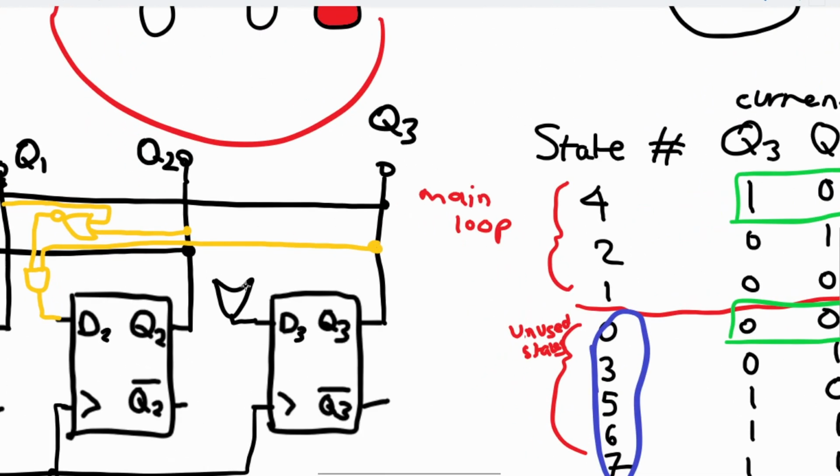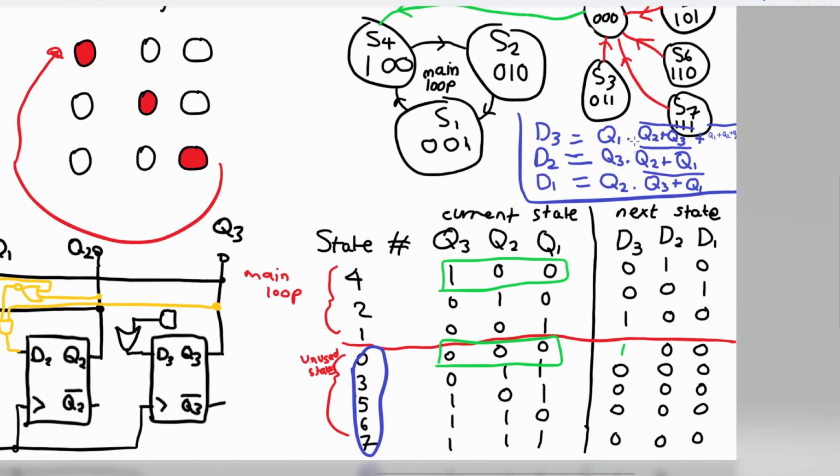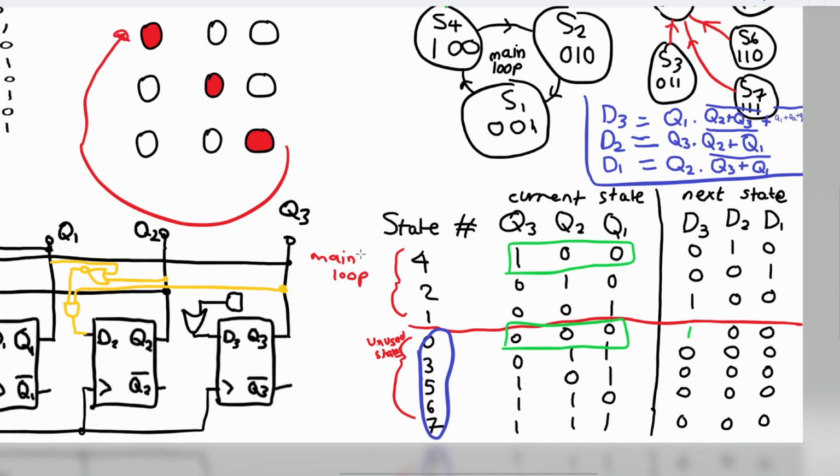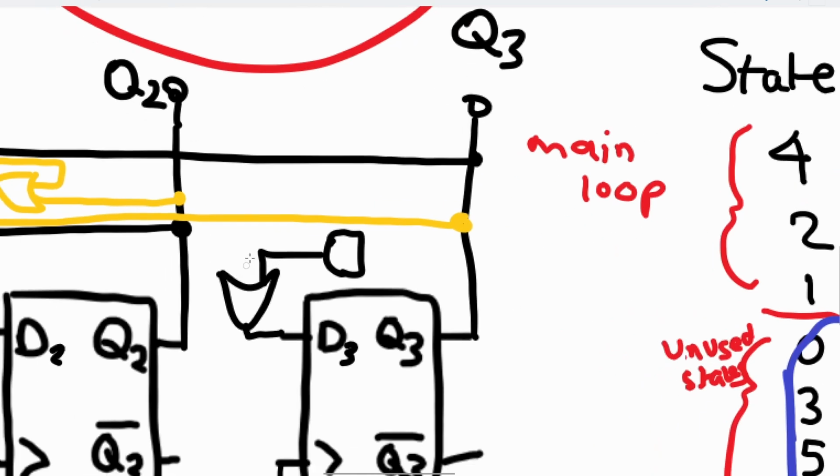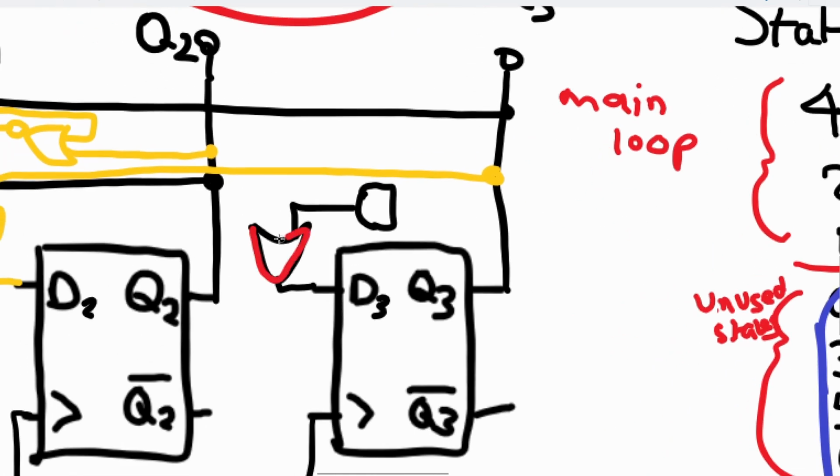We're going to have an AND gate, and we're going to be ANDing together Q1 and NOR Q2 and Q3. So let's grab Q1. I'm going to do it in a different colour again. I forgot to do that. It's supposed to be an AND gate. It doesn't look great, but okay.